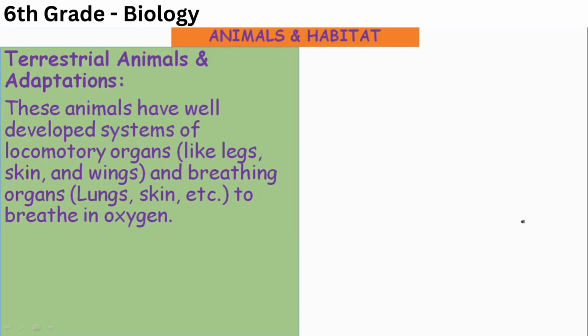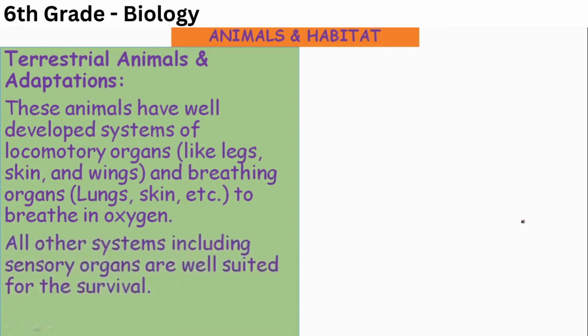Some of them breathe with the help of lungs, with the help of skin. During breathing, they breathe oxygen. So all other systems including the sensory organs are well suited for the survival on land.